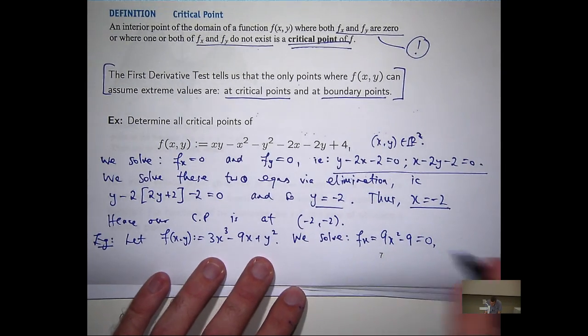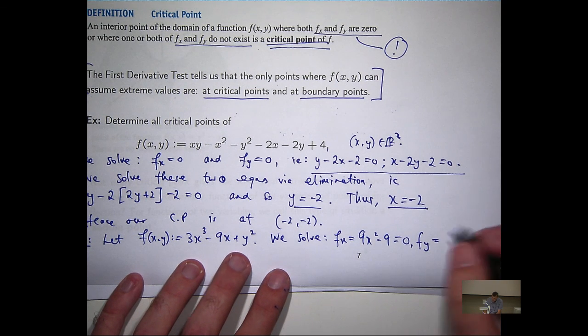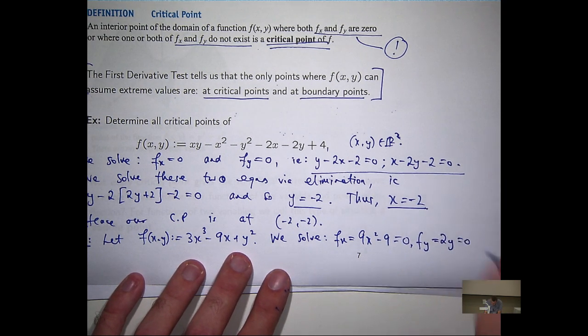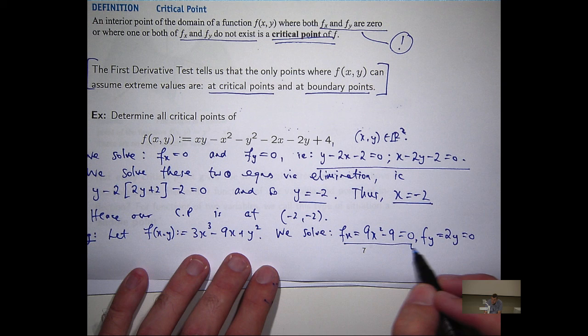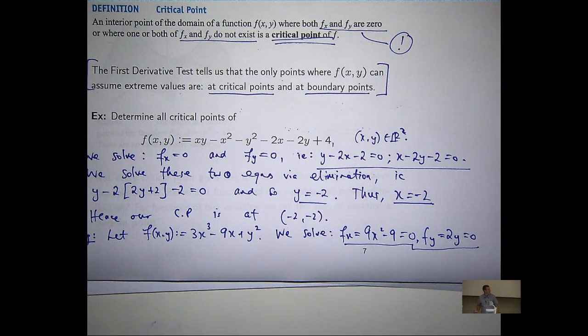And y is going to be 2y, set that equal to 0. So for that one, obviously y is going to be 0, so there's only one y point. But if we solve the other equation, we're going to get two values for x.